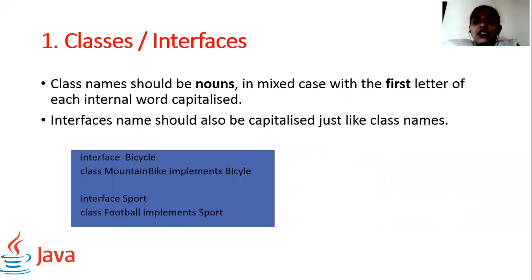For example, classes and interfaces like Bicycle, B is in caps, MountainBike, it is of two words, so M and B are capital. Example, Sport, S is capital. Football is a single word, so F is in capital. So classes and interfaces should be nouns. In case it is in a mixed case, the first letter of each internal word should be capitalized.